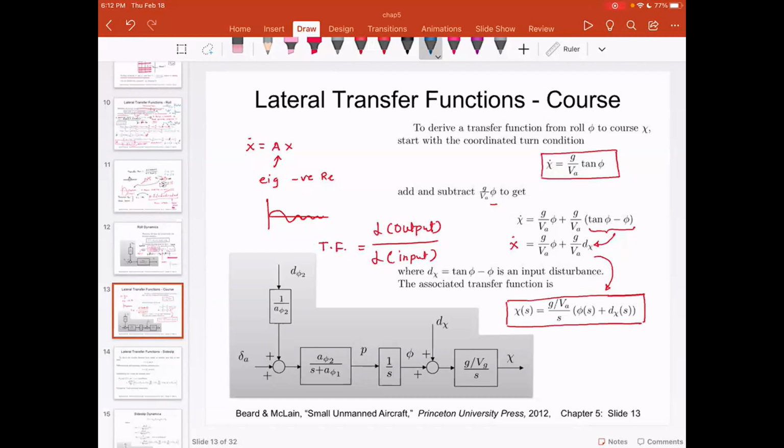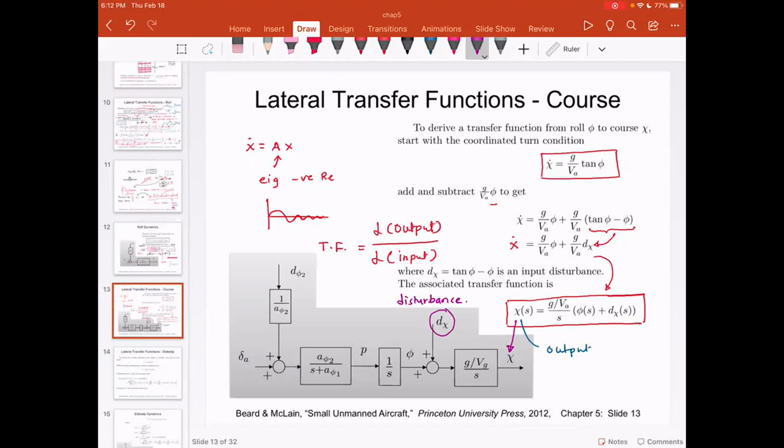Now, again, I want you to observe that if you look at the block diagram representation of this equation, I'm going to say this is the output. As you can see, this output is denoted over here. Then you have the d chi, which is treated as a disturbance.